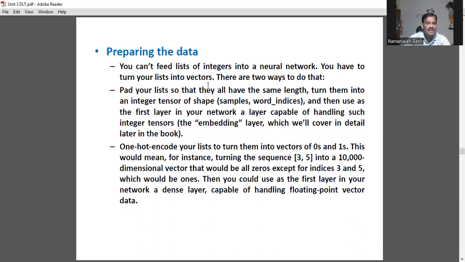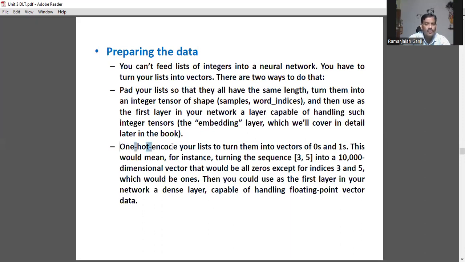Preparing the data: you cannot feed a list of integers into the neural network. You have to turn your lists into tensors. There are two ways of doing this. First one is padding your lists so that they all have the same length, turning them into an integer tensor of shape samples by word indexes, and then using as the first layer in your network a layer capable of handling such integer tensors.